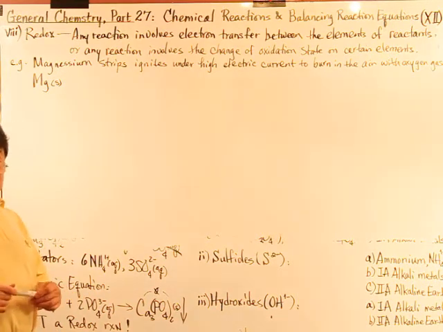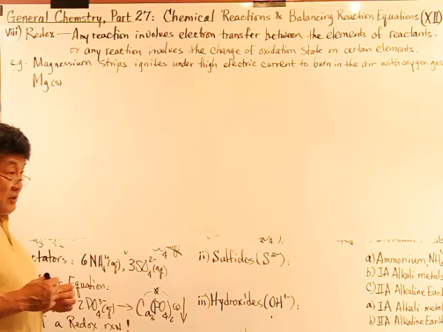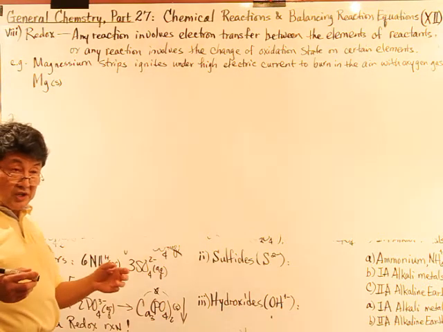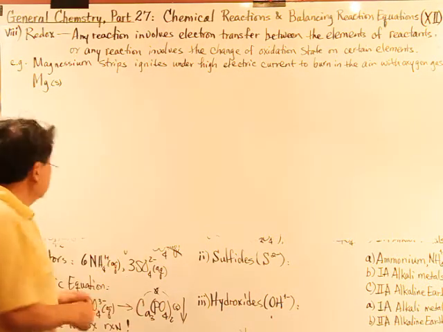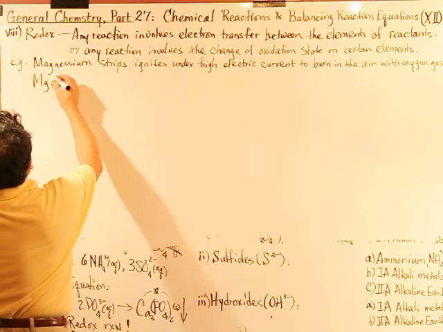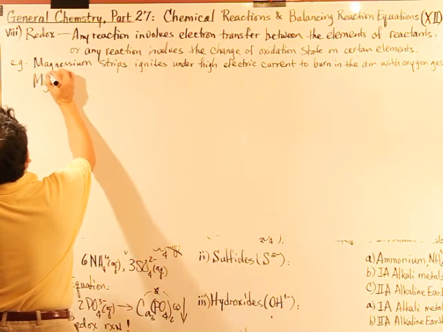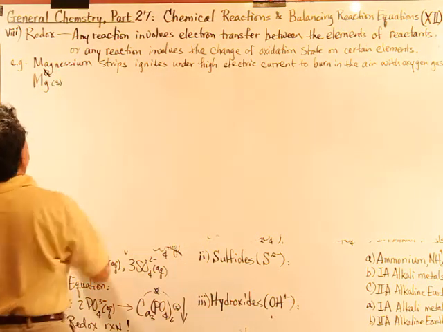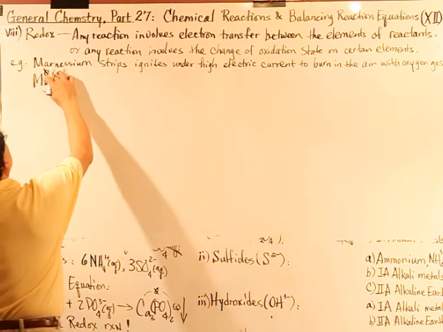Each of those atoms of the same element, their oxidation states are also zero, right? So for the magnesium metal strip, the oxidation state is going to be zero, right?